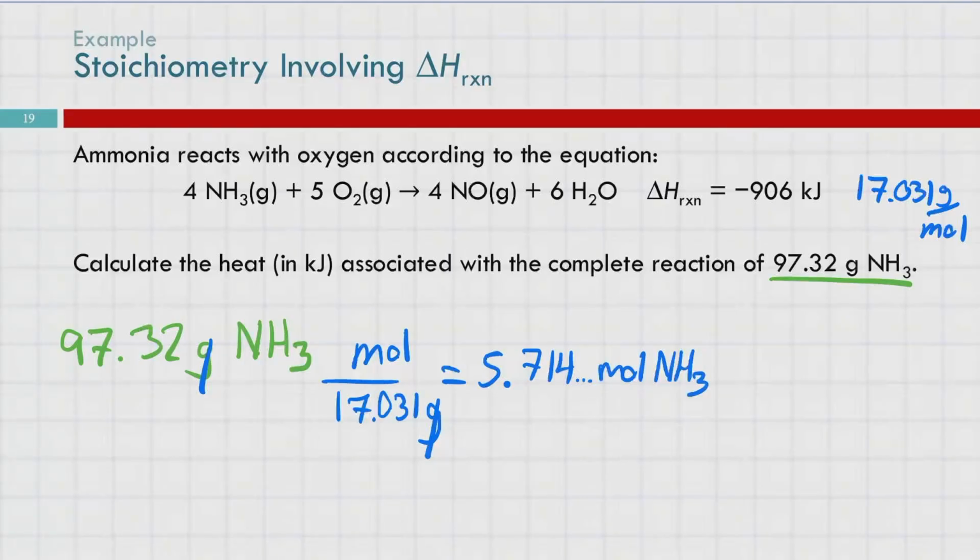Ratio. Yeah, so then minus 906 kilojoules and the 4 for ammonia. We produce 906 kilojoules for every 4 moles of ammonia that's put in.